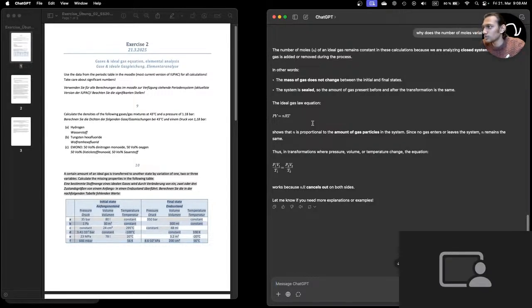What do we do here? It's the initial state and the final state. Okay, so how do I explain?